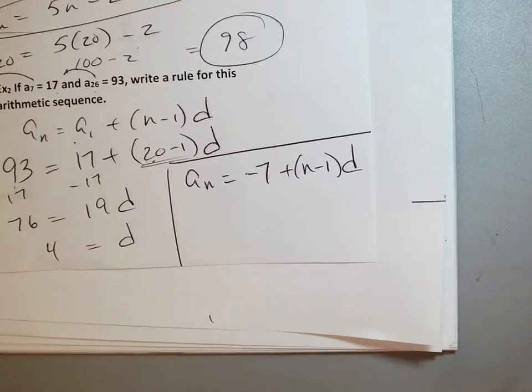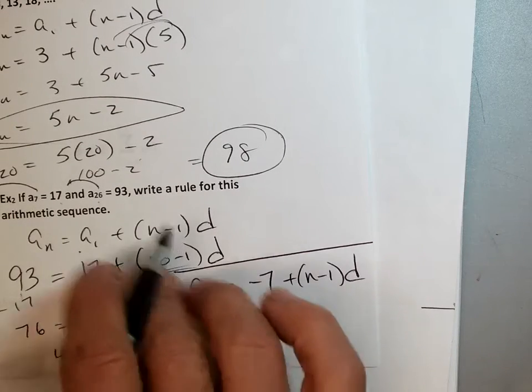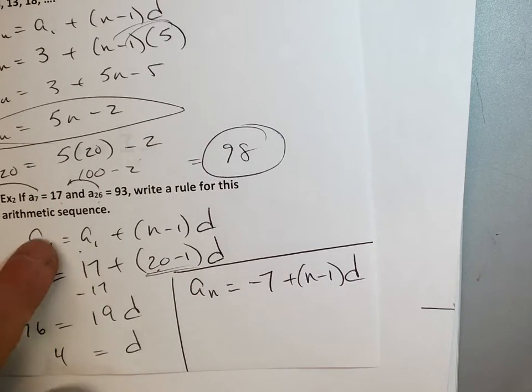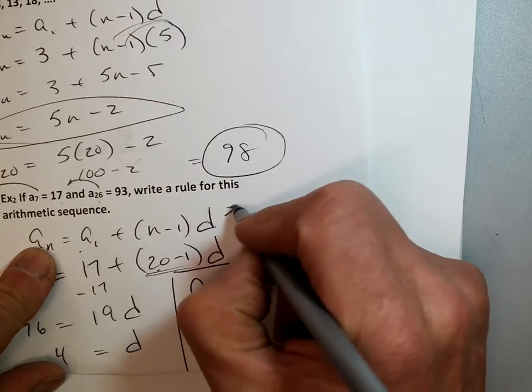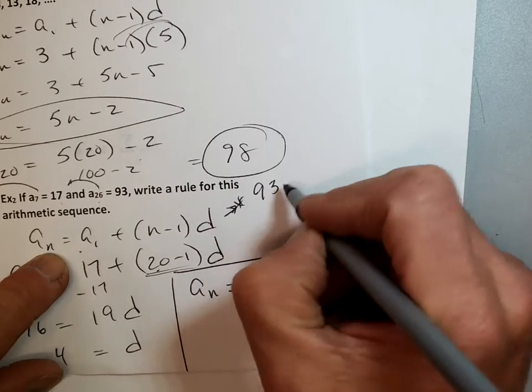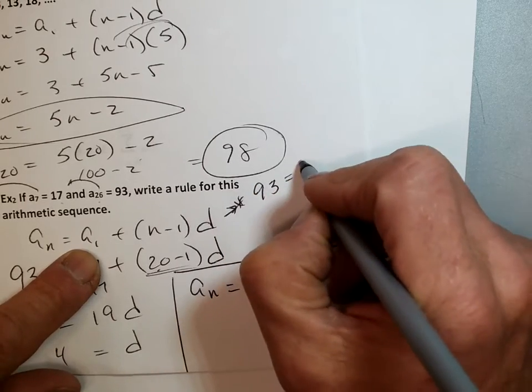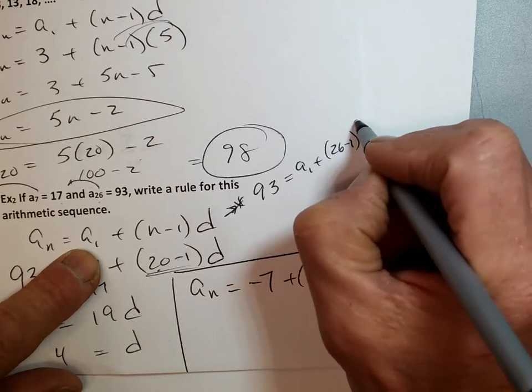There's my formula. Now, I like to use the formula also. So if you're a formula person like me, I can say that right here, I'm going to do it up here to find the first term. If I know that 93 is the 26th term, right? 26 minus 1 times 4.